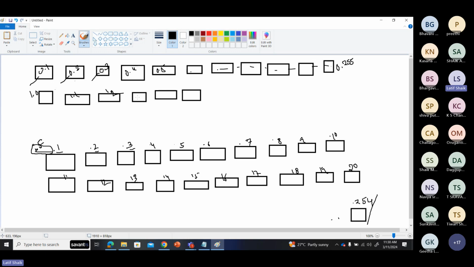I'll keep going and reach 1.255. Then it starts 2.0. It keeps going. What is the last, meaning the broadcast? It is 255.255. What is the last but one?